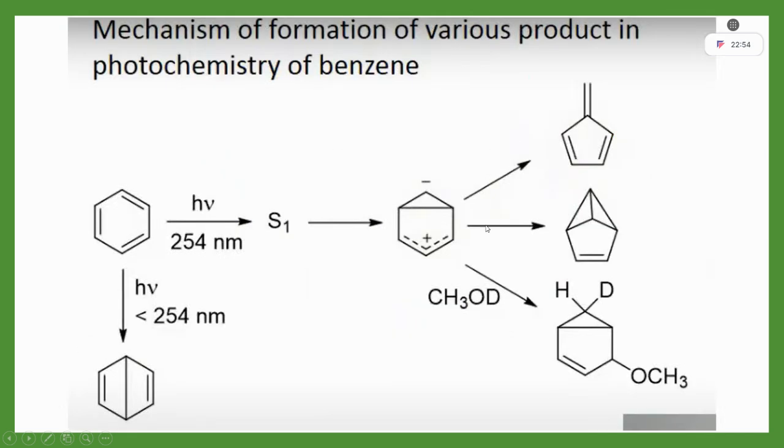Now, how will you get to know in which condition what is forming? This is your simple doubt. Basically, when we have the condition of h nu with wavelength less than 254 nanometer, meaning the vacuum region, it has been found that in this condition it undergoes transition from S0 to the triplet excited state. And we know that in the triplet excited state, Dewar benzene gets formed.